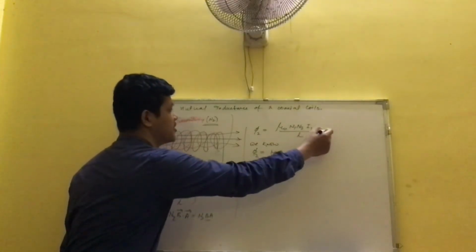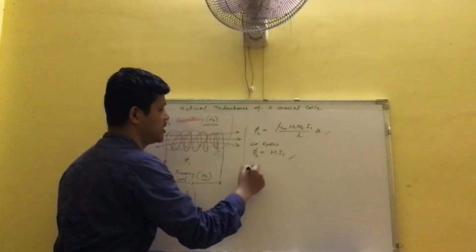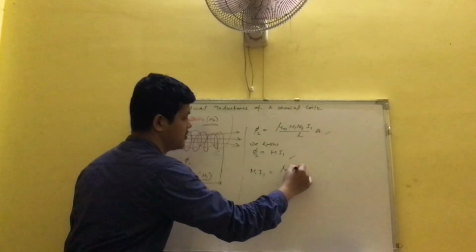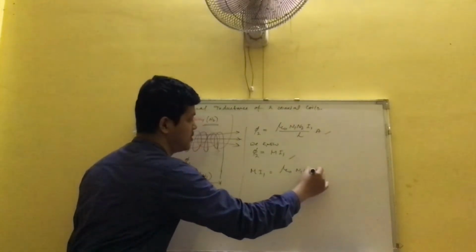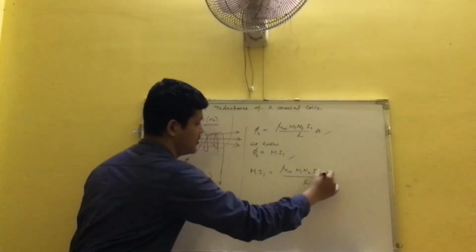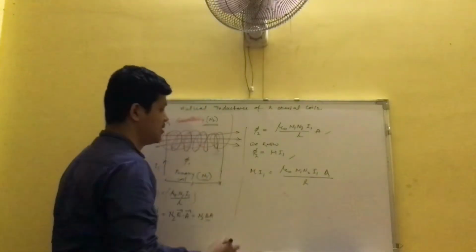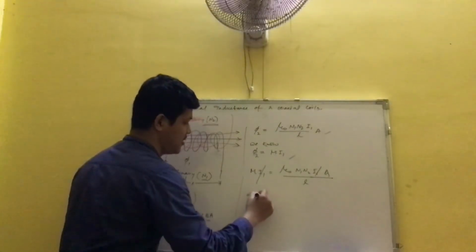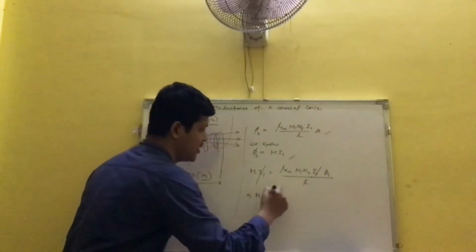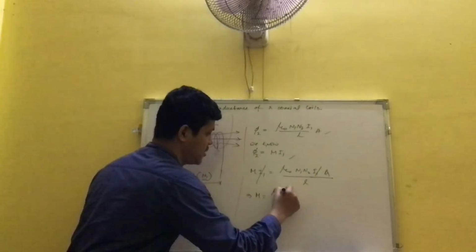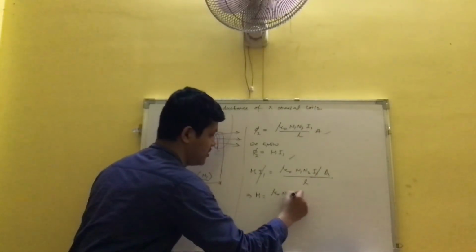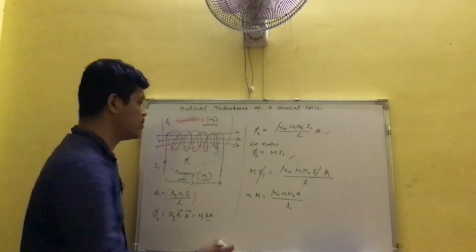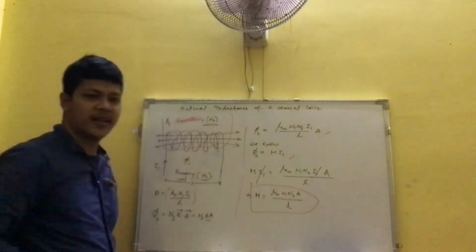So from these two equations, M I1 is equal to mu naught n1 n2 I1 by L times A. Here I1 cancels, so the mutual inductance of these two coils, M, is equal to mu naught n1 n2 A by L.